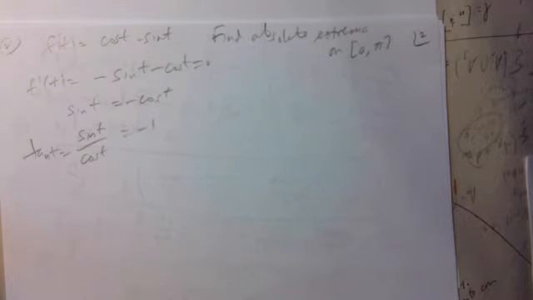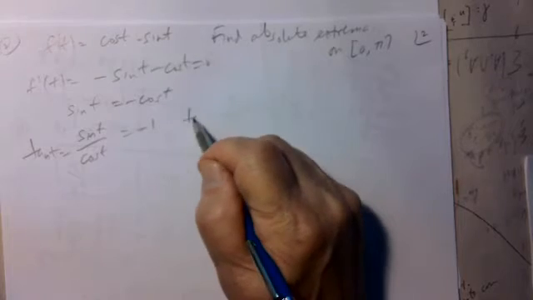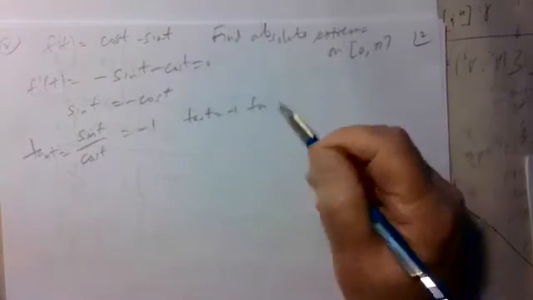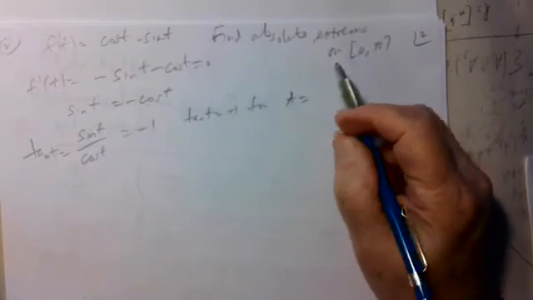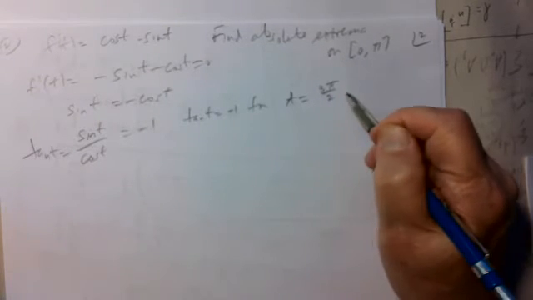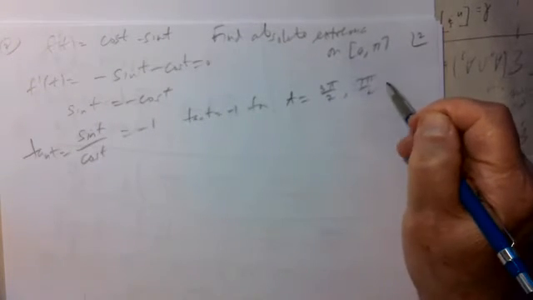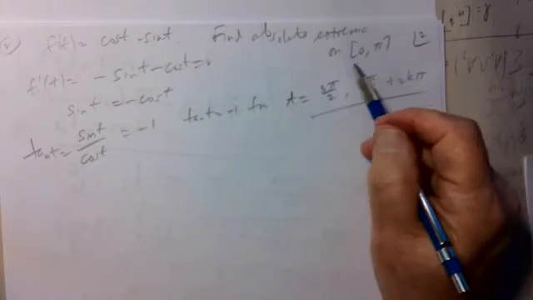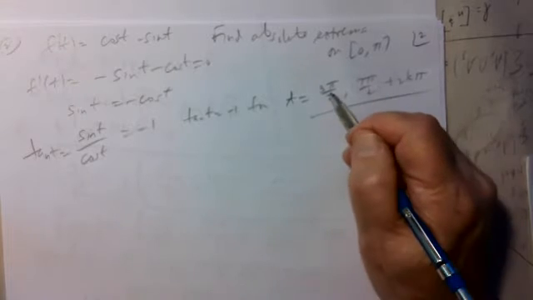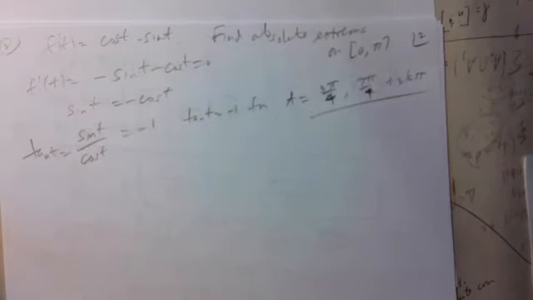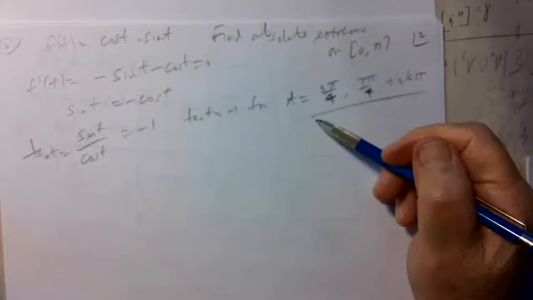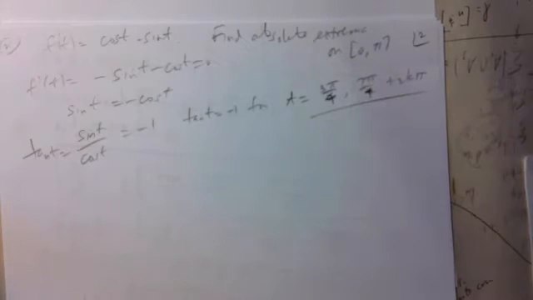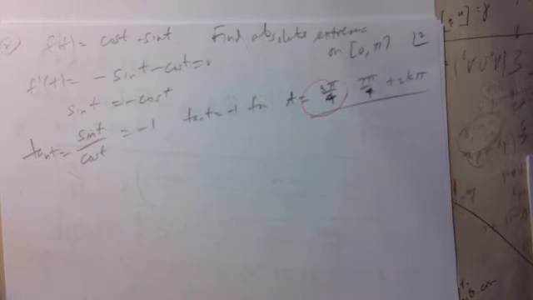And when does the tangent of t equal minus 1? Well, when t is equal to 3 pi over 4 or 7 pi over 4 plus any multiple of 2 pi. But between 0 and pi, the only value of t in the interval is 3 pi over 4.